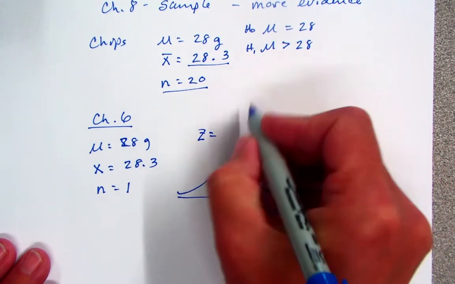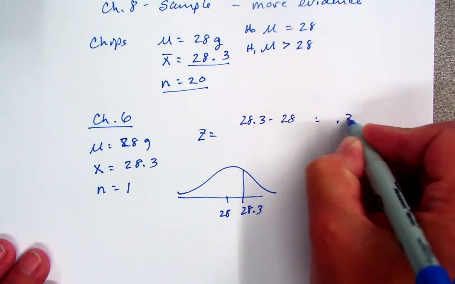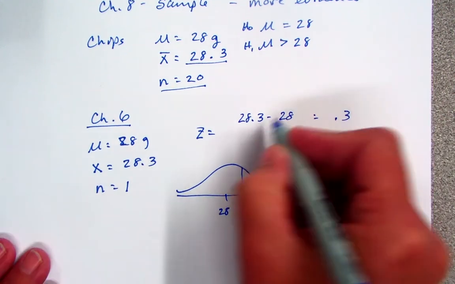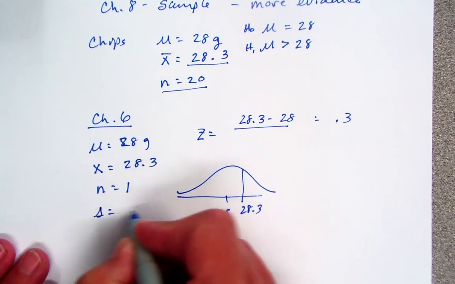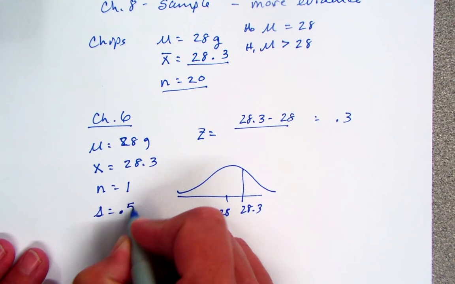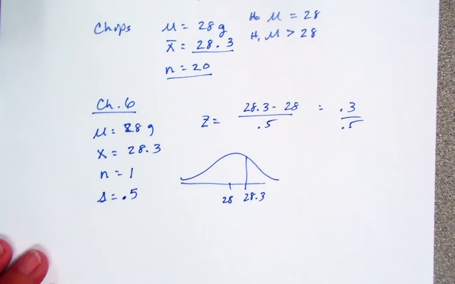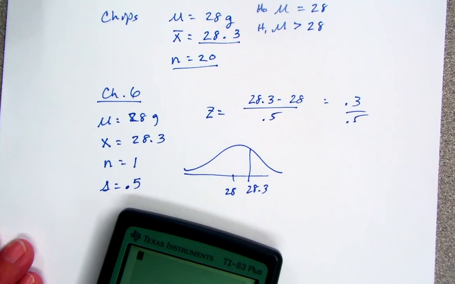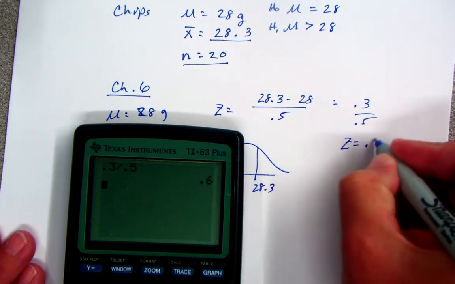So you said 28.3 minus 28 gives you a distance of 0.3. It's positive because it's higher. And then you had to divide by the standard deviation. I'm going to make my standard deviation, notice it's s, because it is of the sample, let's just go 0.5. So I take my calculator and I take 0.3, and I'm going to divide it by 0.5, and I found my z-score equal to 0.6.